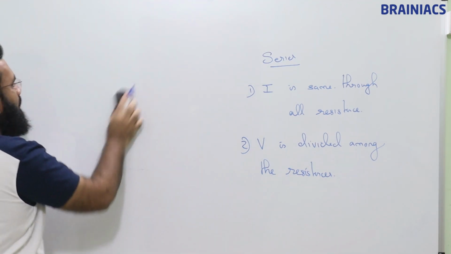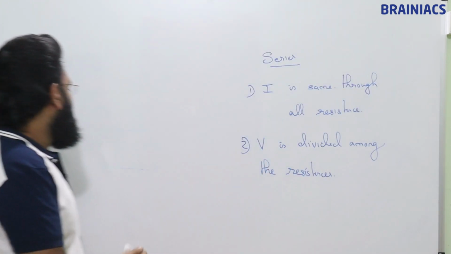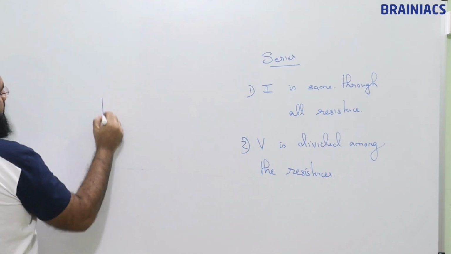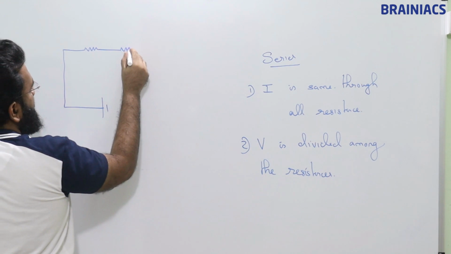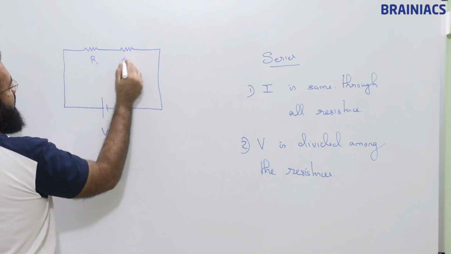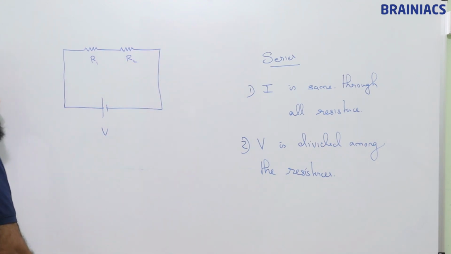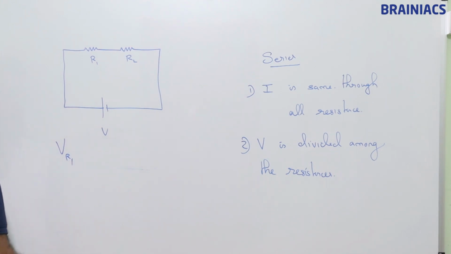I'm telling you a small trick. Suppose if we get two resistances like this, if this is V, this is R1, this is R2. What is the voltage across R1?